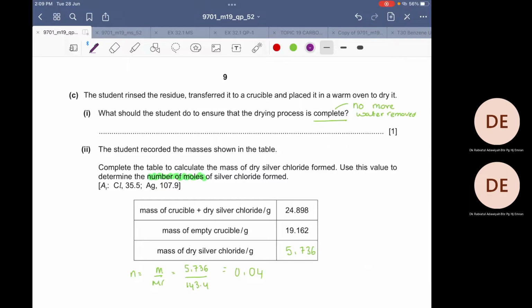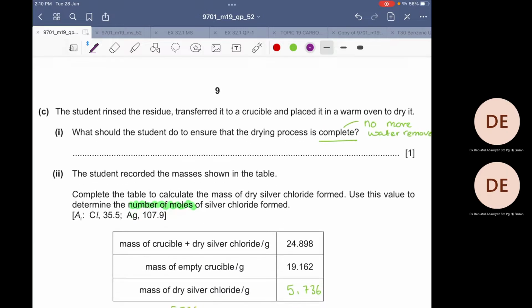Next, the student rinsed the residue, transferred it to a crucible, and placed it in a warm oven. What should the student do to ensure that the drying process is complete? How do we know that there's no more water removed from the solid? What can we measure to confirm that? The mass, okay?